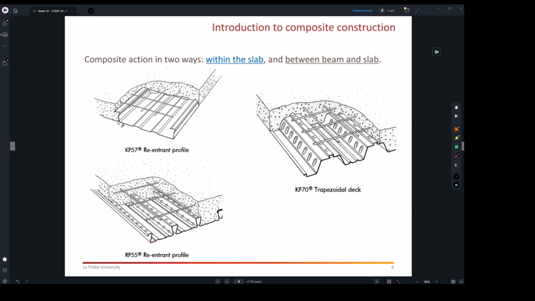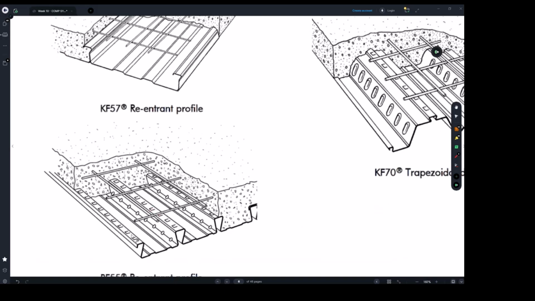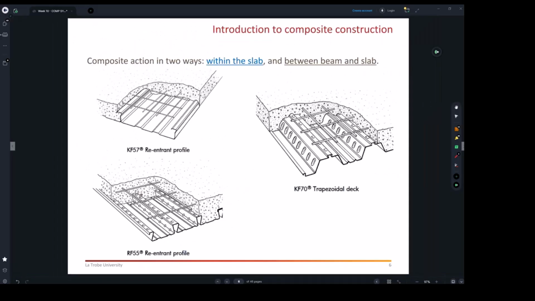As you go with more grooves, you can see here we have more grooves. More detailing in the profile, which will increase the composite bond. And when do we need that? If the span starts to get longer, if the loads starts to get higher, if the slab eventually is thicker. So we need more composite, more bond.